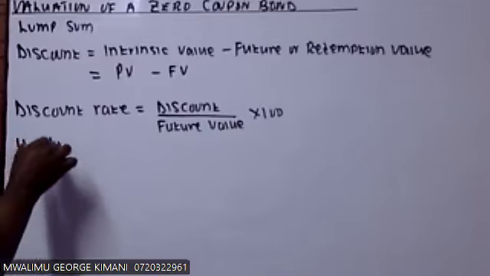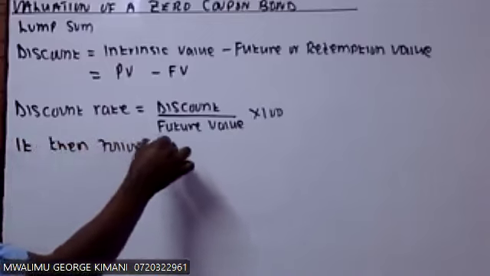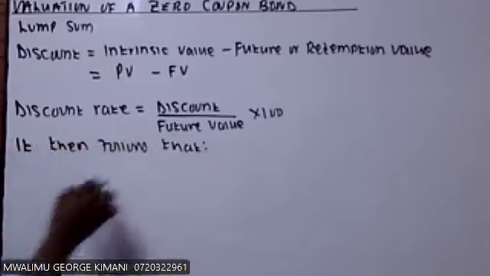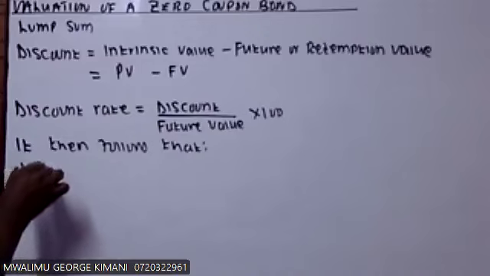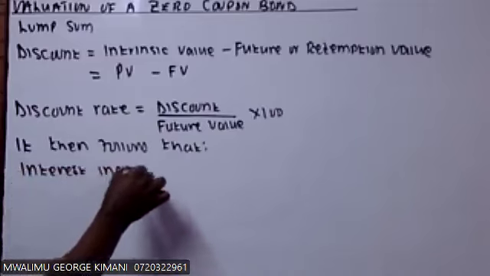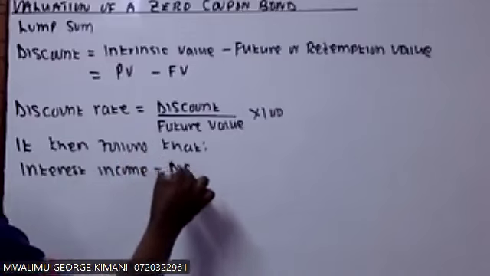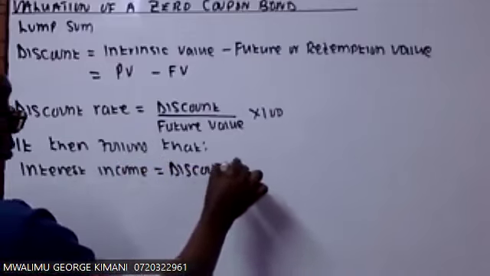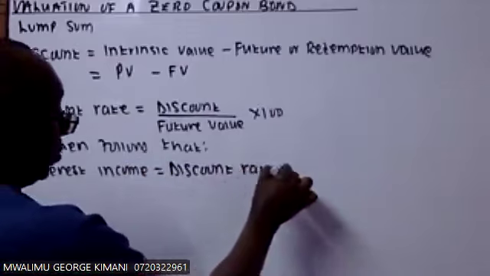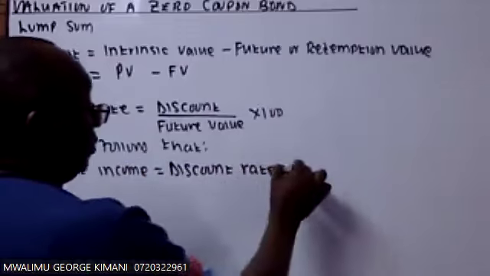It then follows that interest income is discount rate times future value.